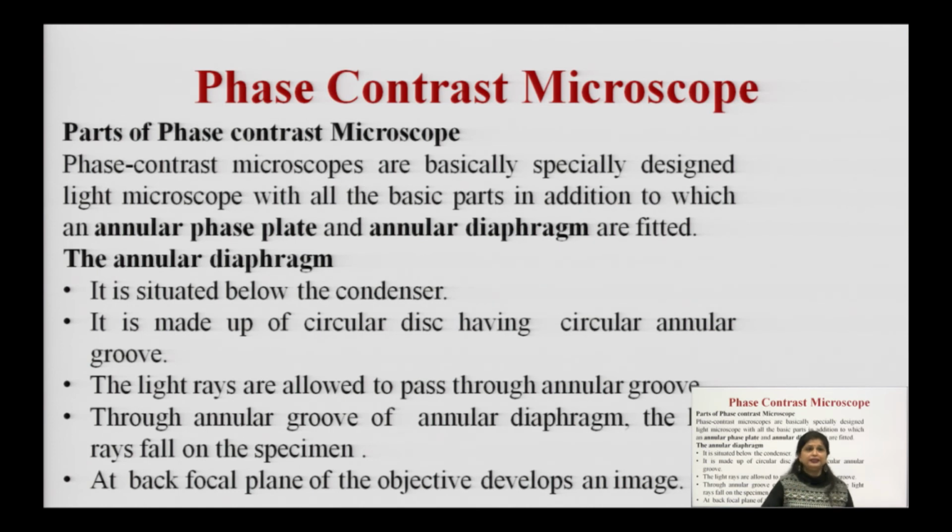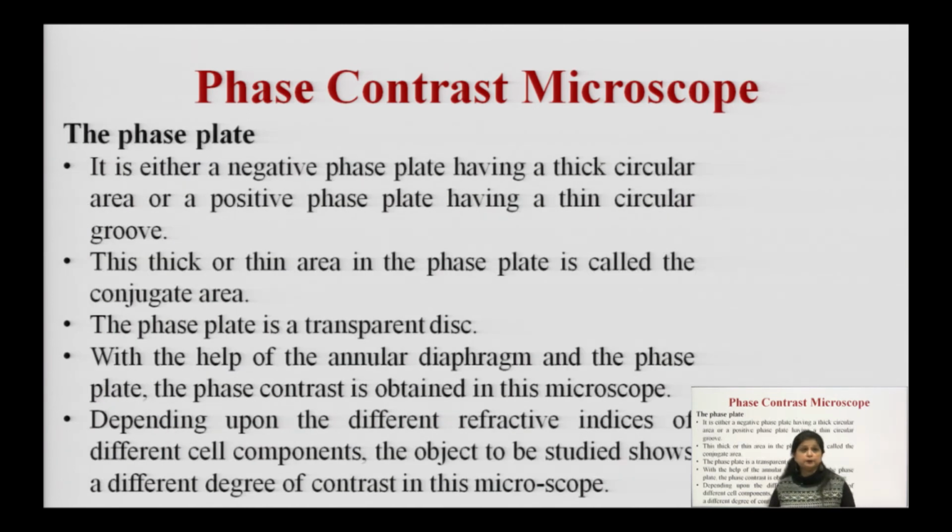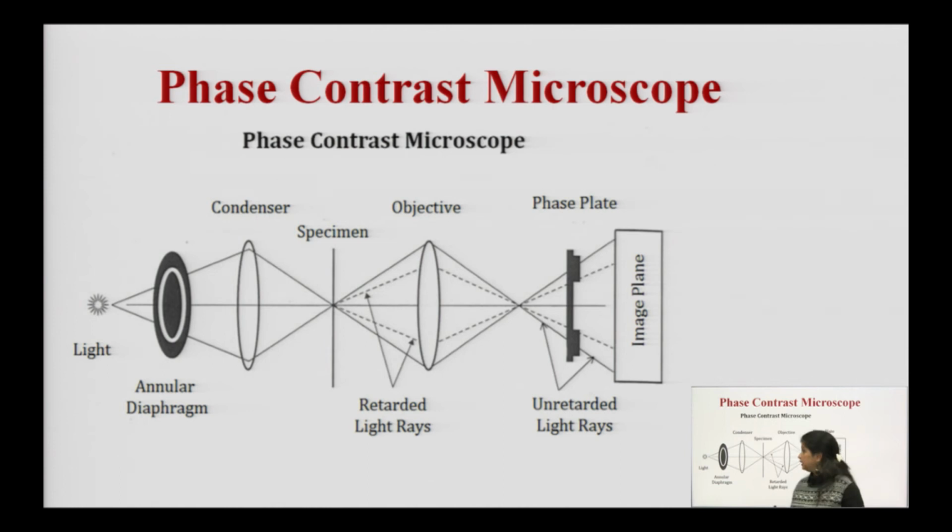But along with that, it has two additional construction pieces. The first one is the annular diaphragm, as you can see in this image. There will be a light source, but one extra addition is the annular diaphragm, which was attached before the condenser but after the light source.